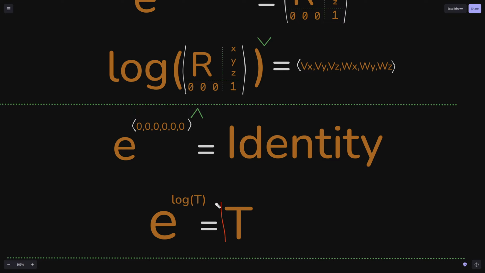This will give you a transformation. Then you do the logarithm of this transformation and then the exponential, and you should recover T. So load the URDF, uniformly sample thetas, take the transformation, do the logarithm, and then the exponential. And then the question: do I regenerate the transformation? If it's yes all the time, then it's a good implementation. Otherwise, there is a bug in your implementation, okay?